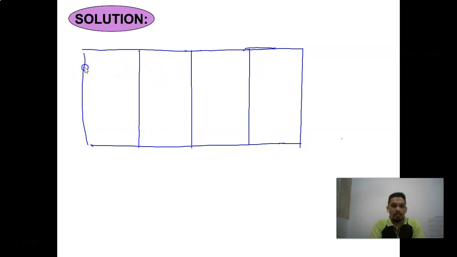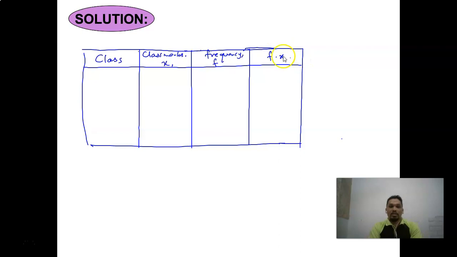So then the class, class mark with an X, and frequency of F, and also F multiplied with X. So frequency multiplied with the class marks.